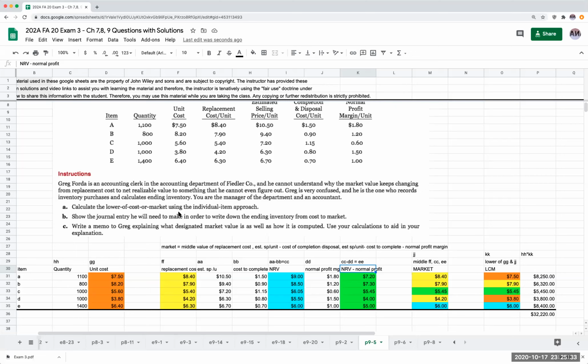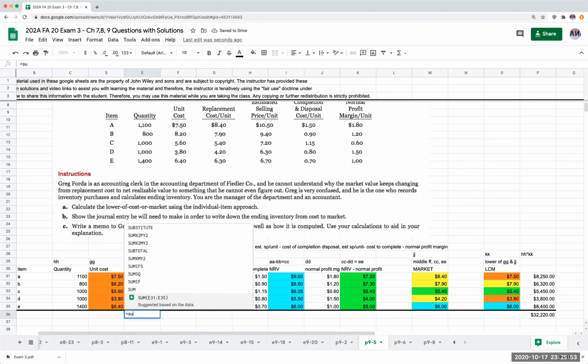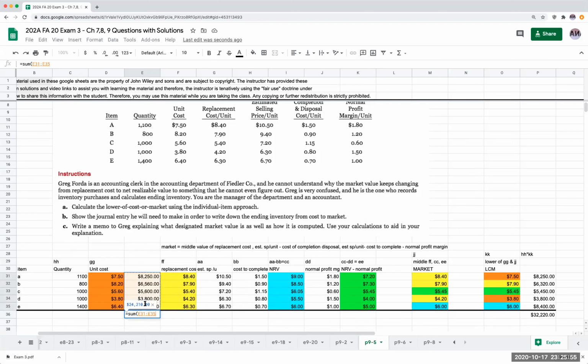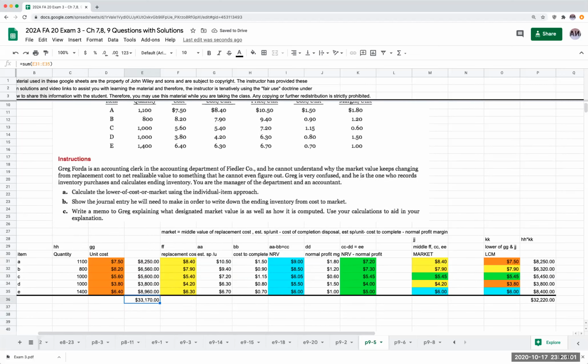So we've calculated that. The next thing we're going to do is determine the value of these items over here. My inventory cost, what was on my books, was $33,170.